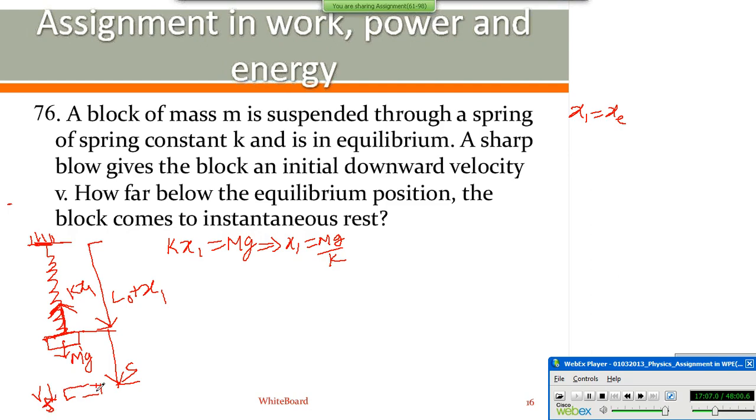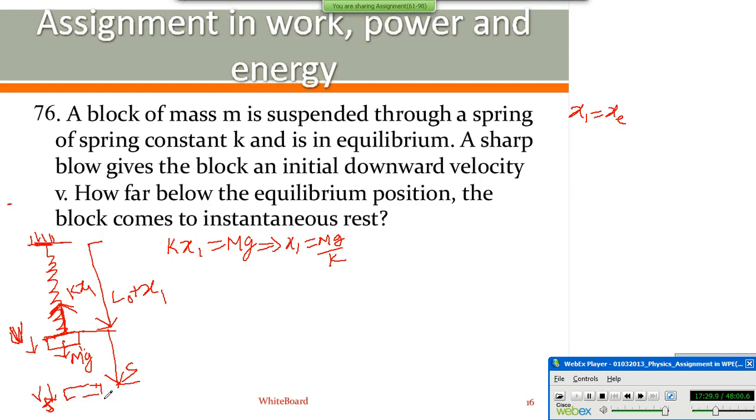Let Vf denote the final velocity of the block after it has moved by a distance s below the initial position. The initial velocity is v, which I denoted by u in the special case discussed earlier. You have to find the maximum distance the block moves below the equilibrium position.